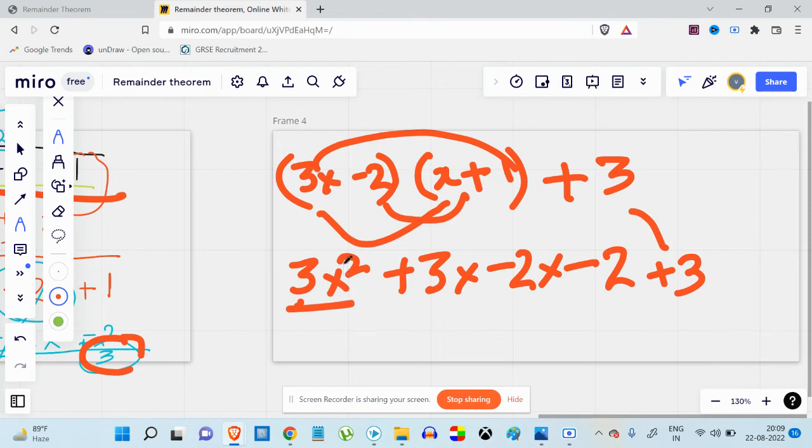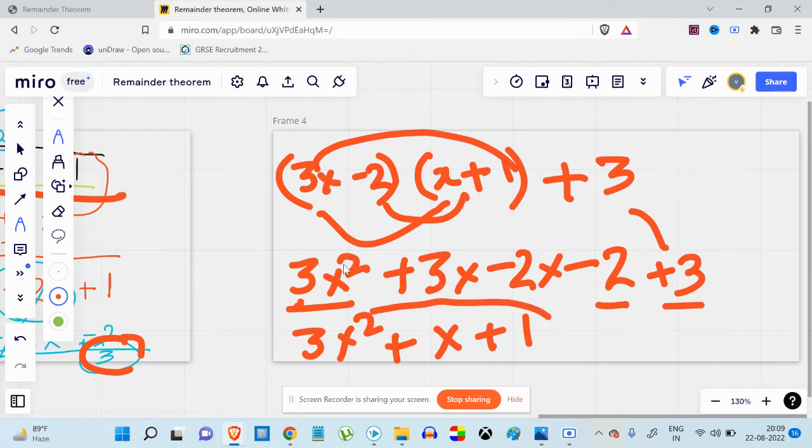So are there any terms of x square degree? No, so 3x square. Are there terms of x? Yes, so 3x minus 2x. Any other term of x? No. So 1x, and minus 2 plus 3 means 3 minus 2, that will be plus 1.